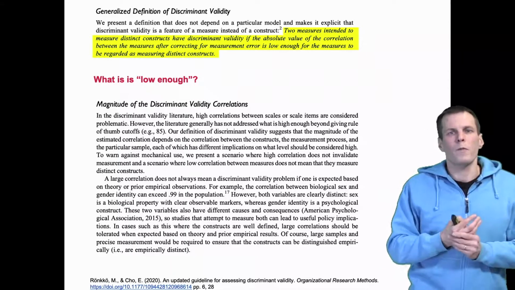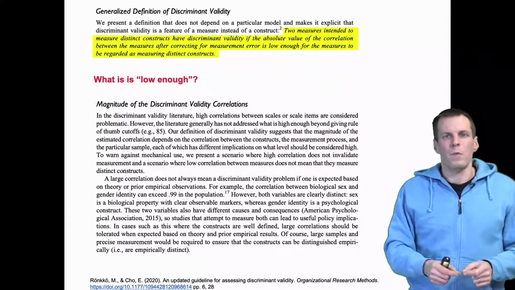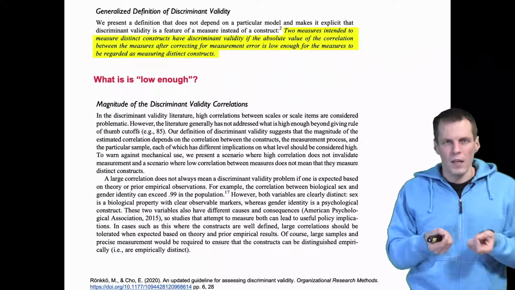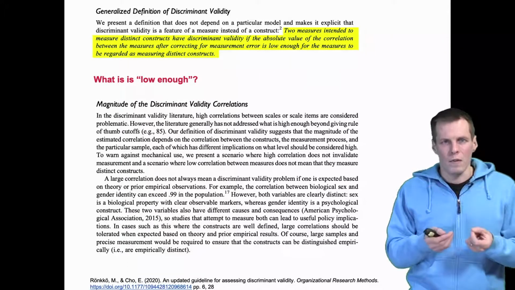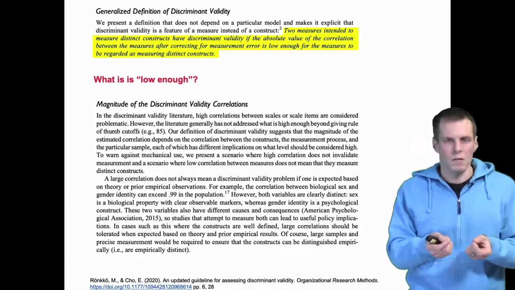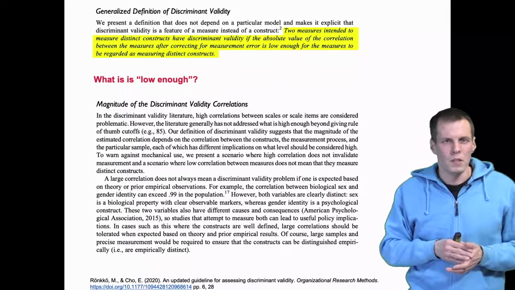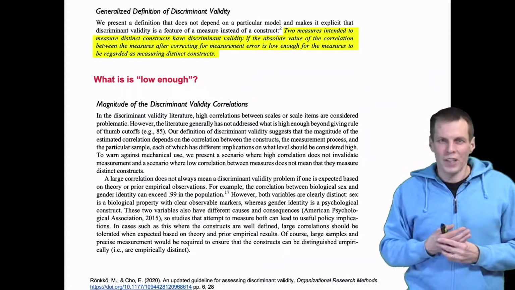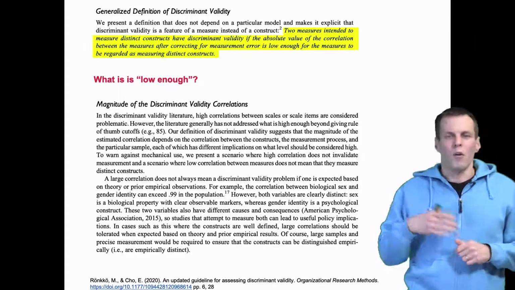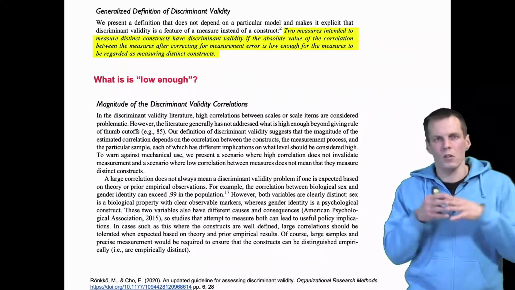So if we have really well-defined concepts, if we know from existing theory that they should be highly correlated, if we have a large sample size and high quality measures, then having this high correlation would not be a problem. So we can't say that all correlations greater than 0.85 are always problematic, all correlations less than 0.85 are always okay. So it depends on the context.